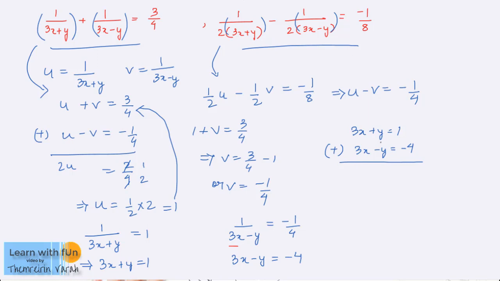The equations, we eliminate y. So 3x plus 3x is 6x, plus y minus y is 0, and 1 plus minus 4 is minus 3. This implies that x will be equal to minus 3 by 6, which is minus 1 by 2. Our x value, we put in the first equation.